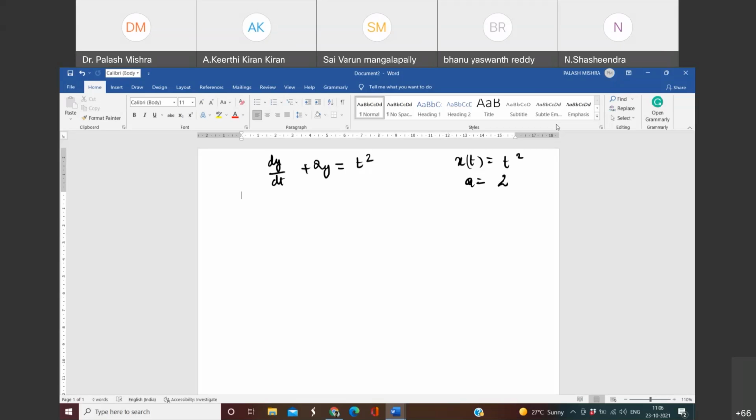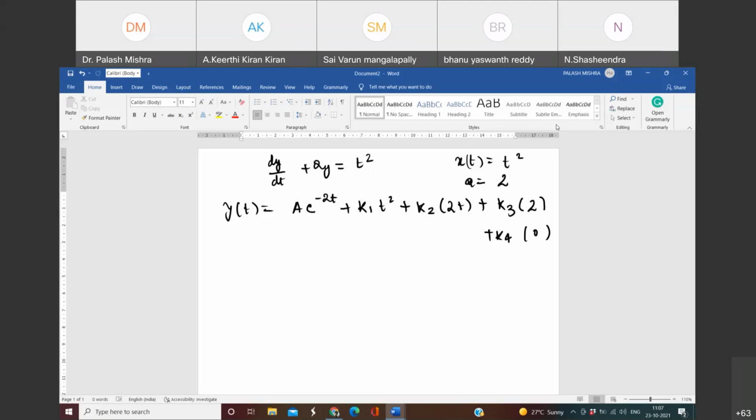2. So the net response of the function will be something like A e to the power of, tell me, minus at or plus at? Minus. So it will be A e to the power of minus 2t plus k1 times x, that is t square, plus k2 times x dot, which is 2t, plus k3 times x double dot, which is 2, and k4 times x triple dot, that will be 0.